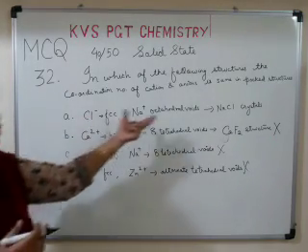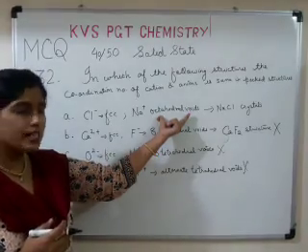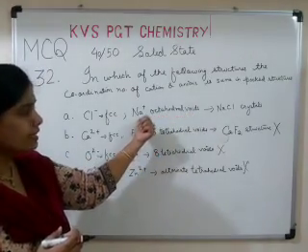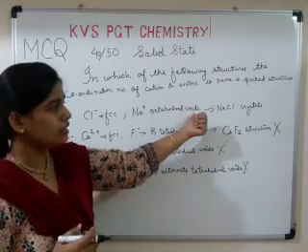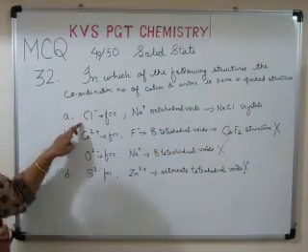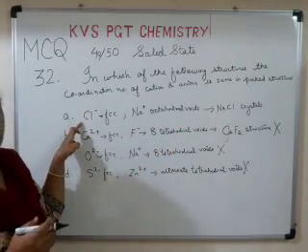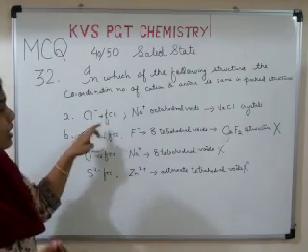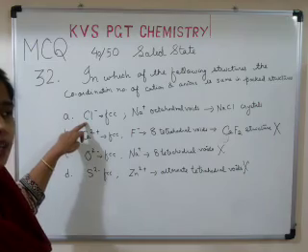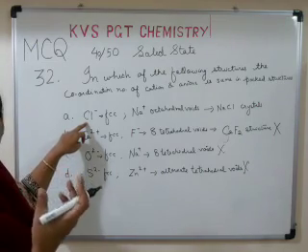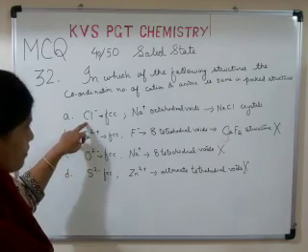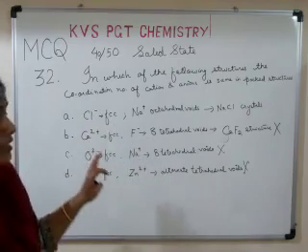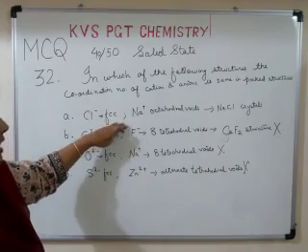That means the geometry is octahedral and the sodium cations are present in the octahedral voids, whereas the chloride ions occupy the FCC, face centered cubic structure. It means that chloride ions are present at the corners of the cube along with the 6 faces.